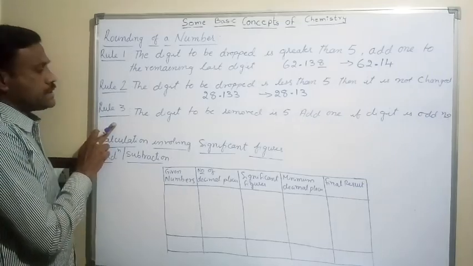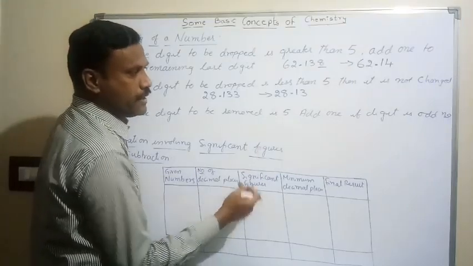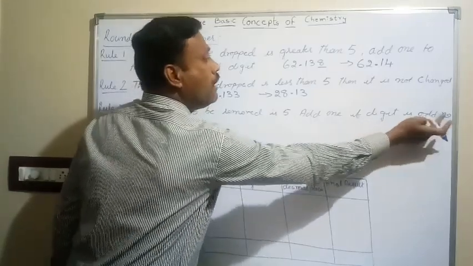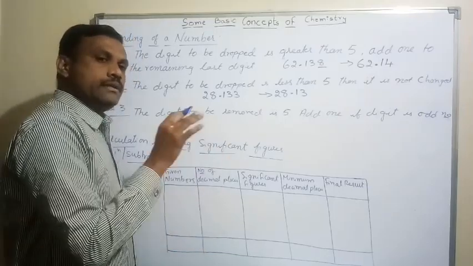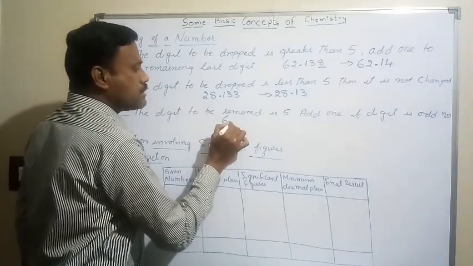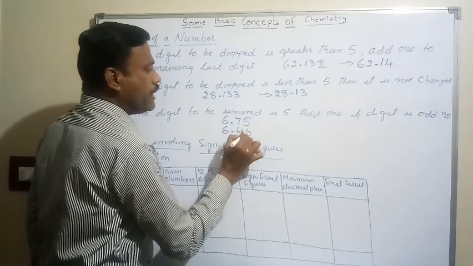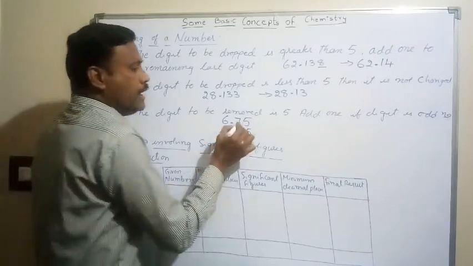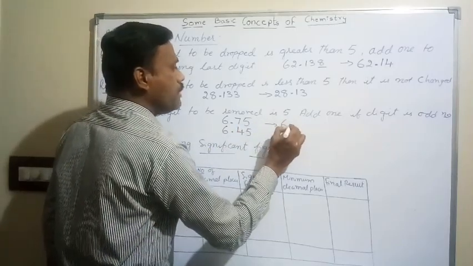The third rule says if the digit to be removed is 5, then add 1 if the preceding digit is odd. If it is an even number, it remains as it is. For example, 6.75 and 6.45. The last digit is 5. Add 1 to the number 7, it becomes 6.8.